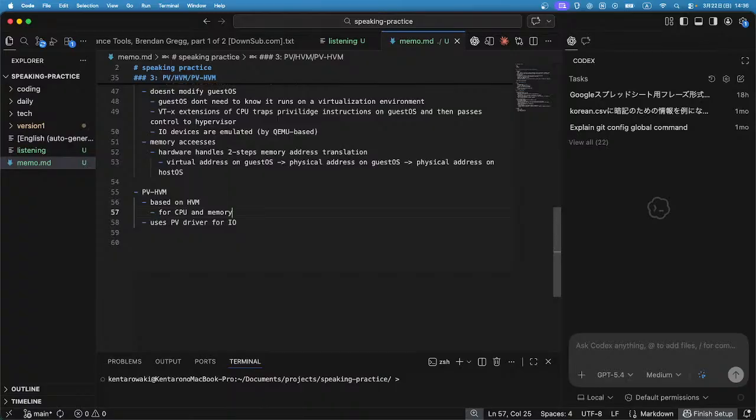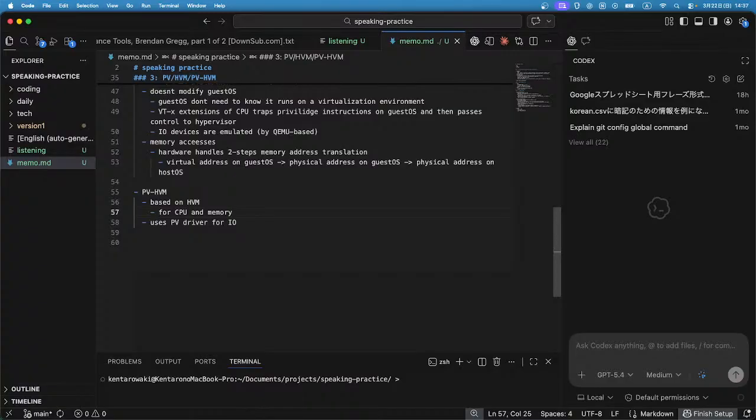So no need to use hypercall because the virtualization technology VT-x extensions can trap privilege instructions and then pass control to the hypervisor.